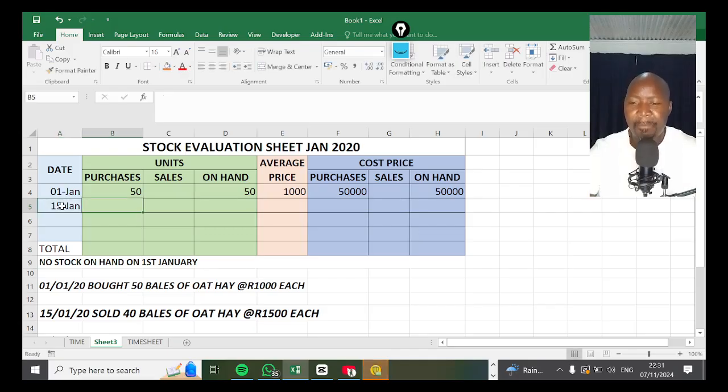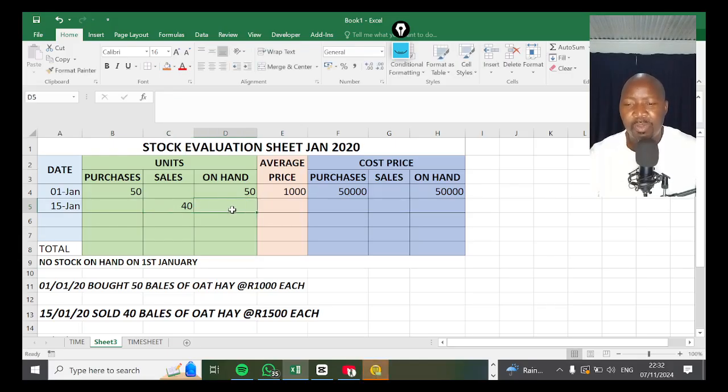We are not buying, we are selling, so it's going to be 40 units. And then before we jump to price and before we go to the cost price, we need to balance the left. You balance the left before you go to price. Then you come to the right and you balance the right.